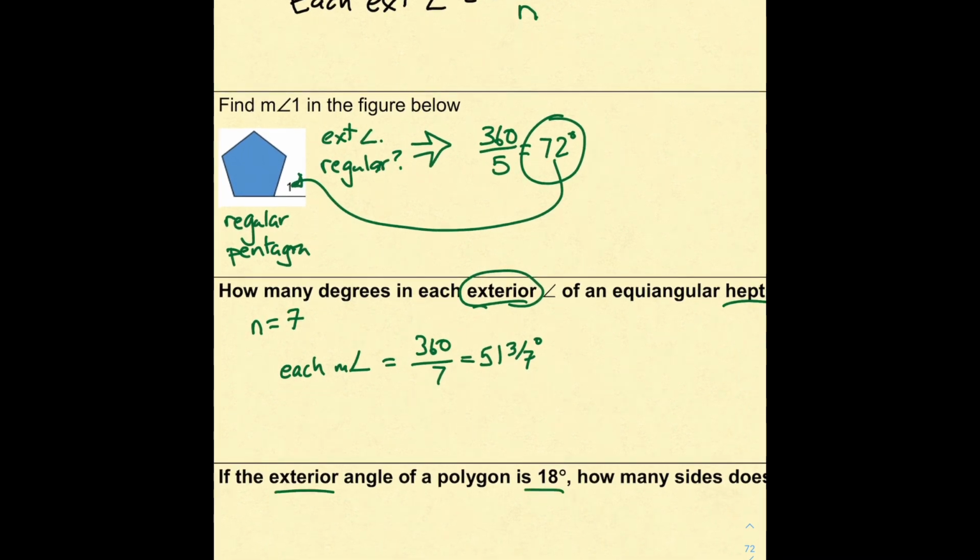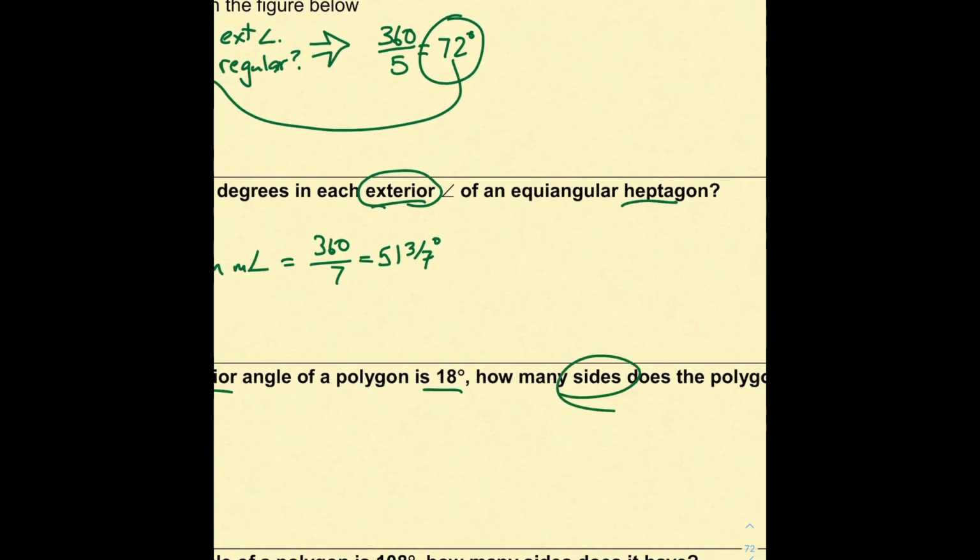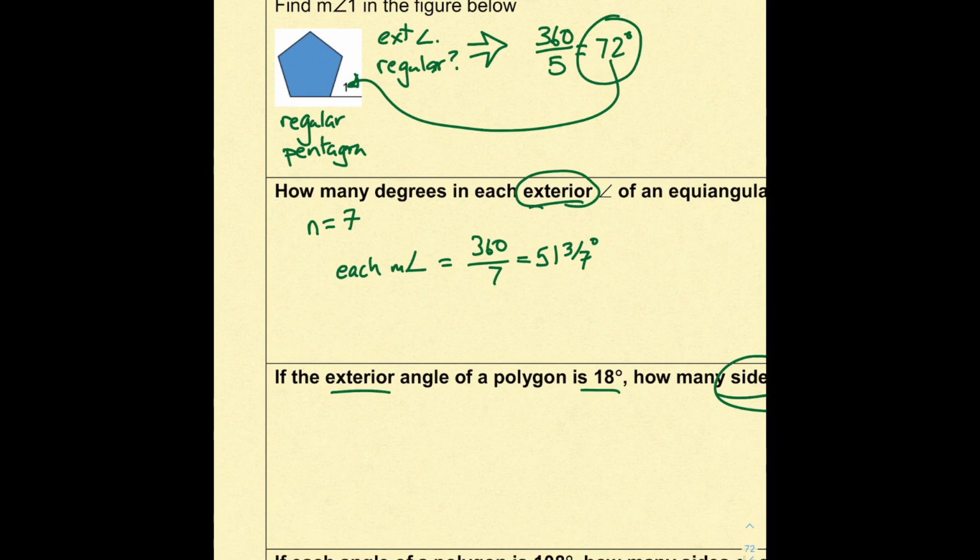Here, slightly different. It says the exterior angle is 18 degrees. How many sides do I have? So this is asking me to do it slightly different. I know that there's 360. I know that when I divide by 18, I get n. So can I solve this? Well, multiply by n, so 360 equals 18 times n.